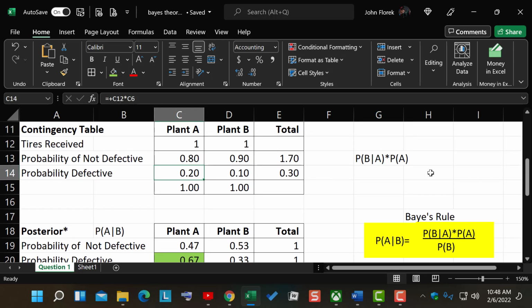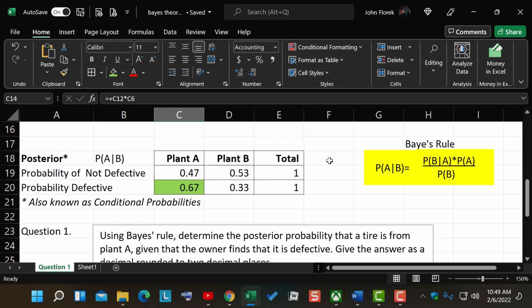So this is the upper part of Bayes' rule above the division sign that we're calculating. So we're calculating every probability, even though the problem is only asking for 1. This is going to give us the answer for all possible probabilities.